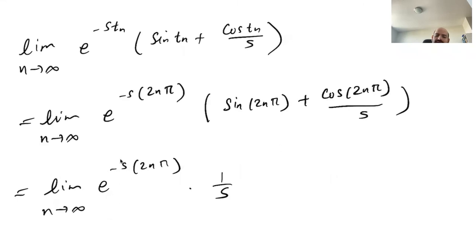Now minus s is positive because s is negative. So then I'll have e to power a positive number, n goes to infinity, positive number times infinity will be infinity. So I will have e to power infinity times 1 over s, which will be infinity.